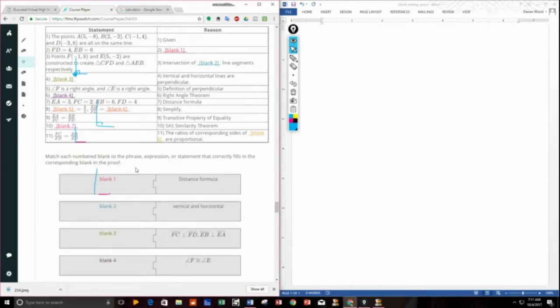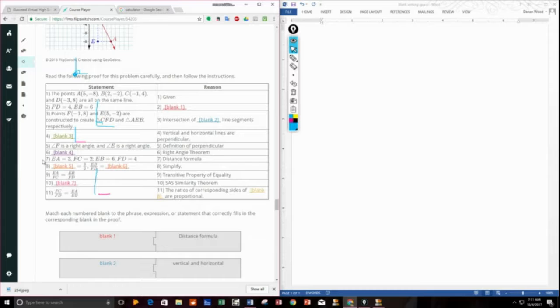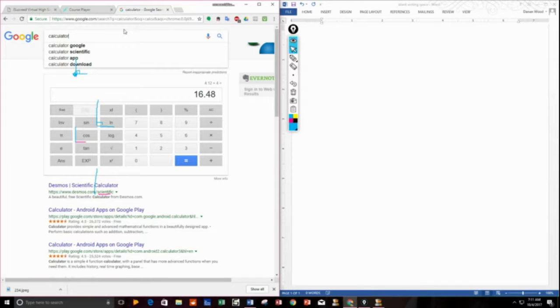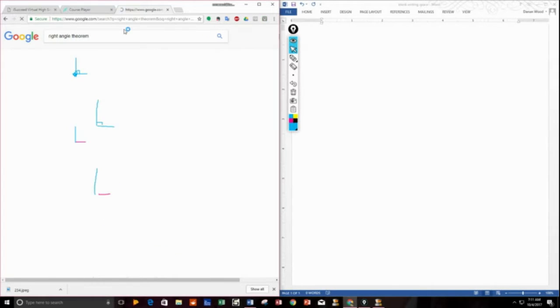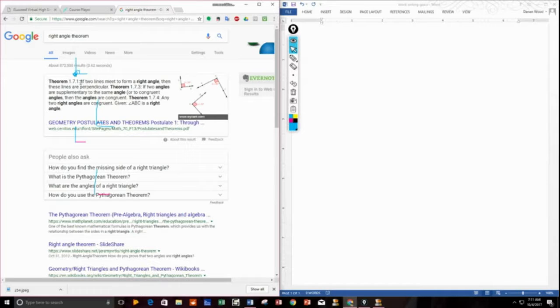So I'm going to use that. And if I didn't know what that was, I could say, okay, what is the right angle theorem? And I'm just Googling it. Right angle theorem. It says if two lines form a right angle, then these lines are perpendicular.